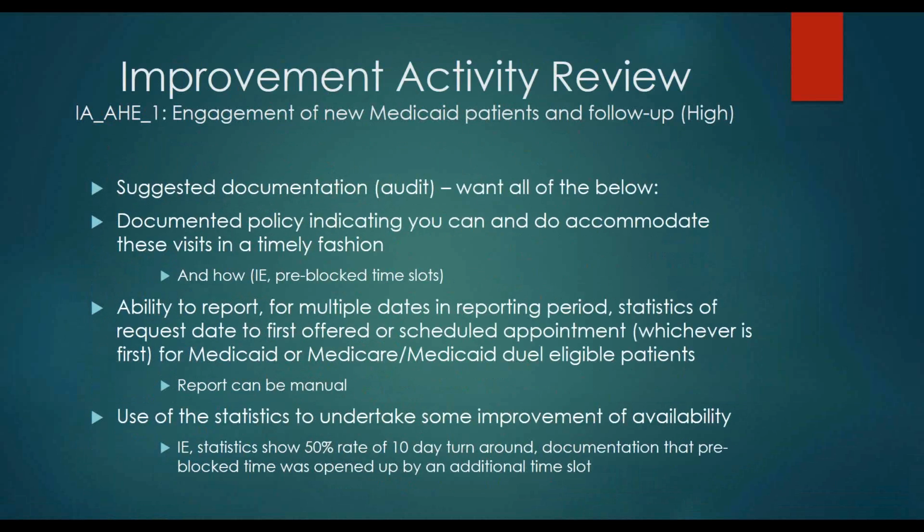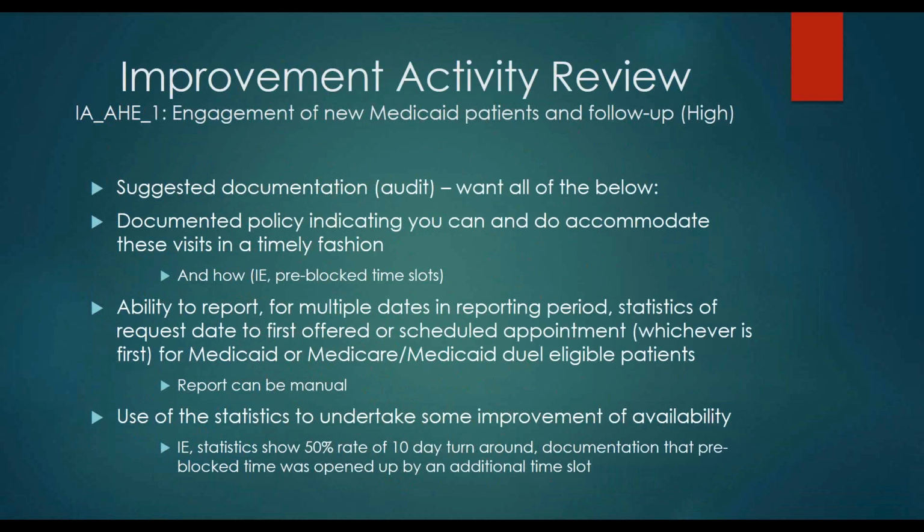So again, the suggested documentation for an audit prep, you'd want all of the below, right? You'd want a documented policy indicating that you can and do accommodate these visits in a timely fashion, whether it's through pre-blocked slots, double booking, whatever you do when a Medicaid patient calls with a request for a timely appointment.